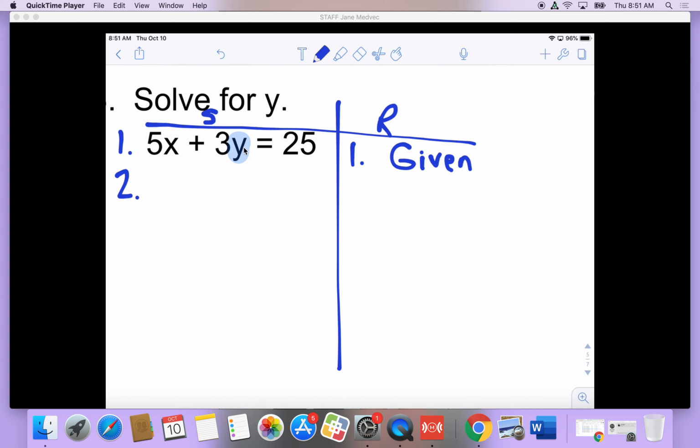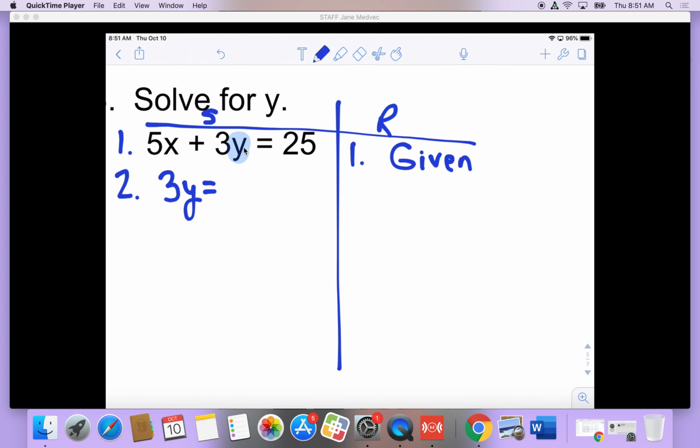Yes? Subtract 5x. So I get 3y equals, now, where do I put the subtract 5x? Should I put it before 25 or after 25? Okay, you would think, truthfully, it doesn't matter, but if we really think about algebra, where did we put that?